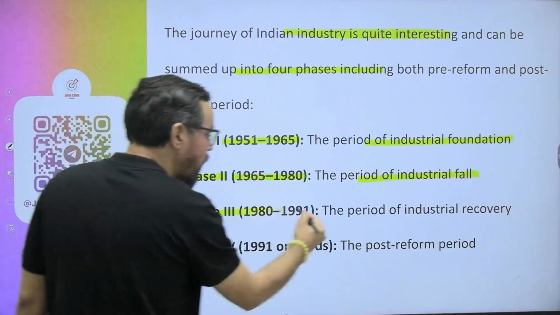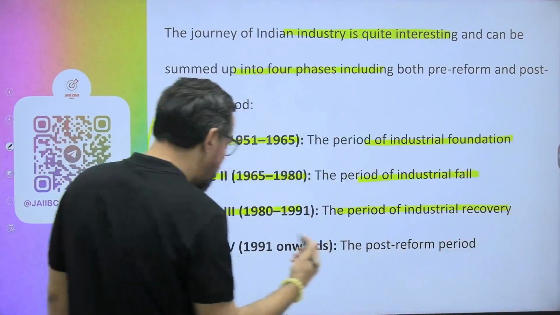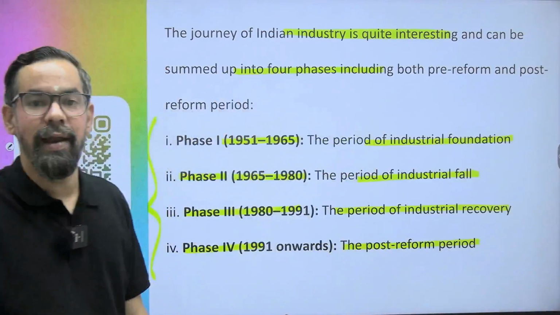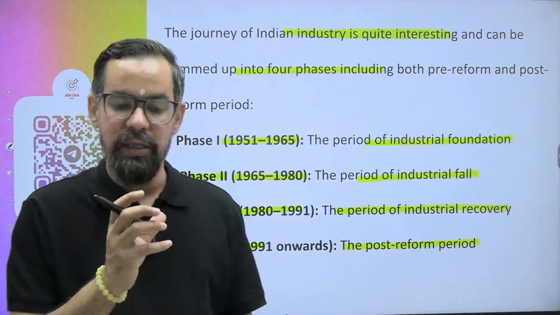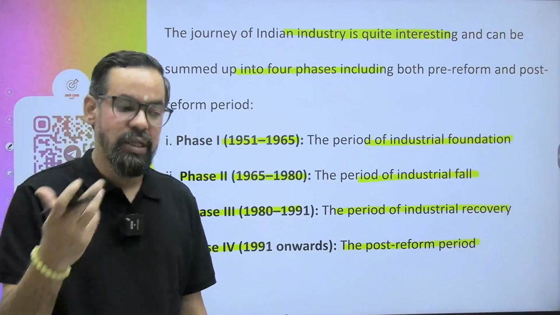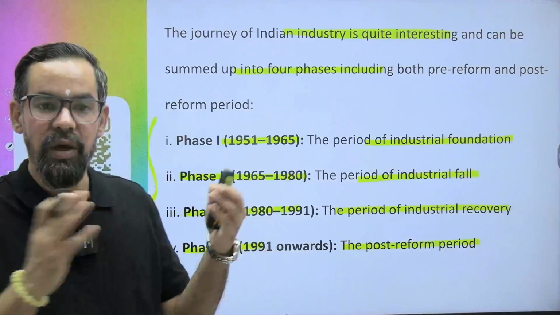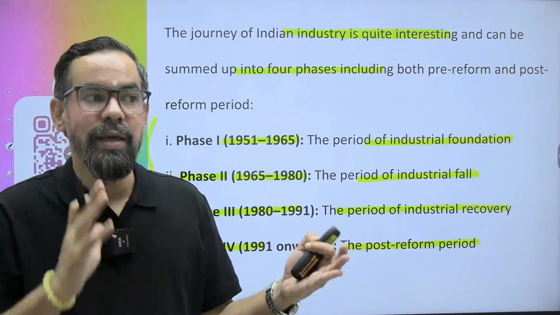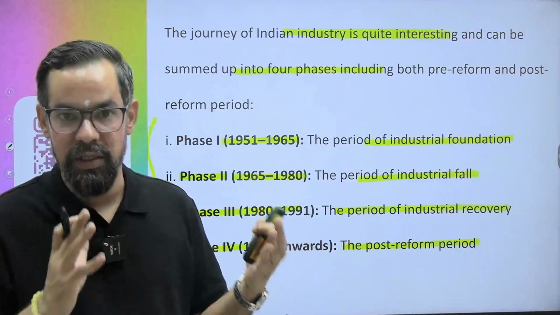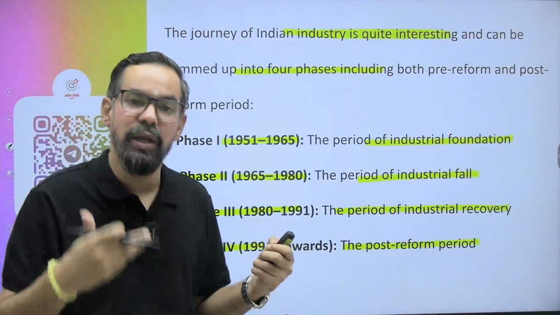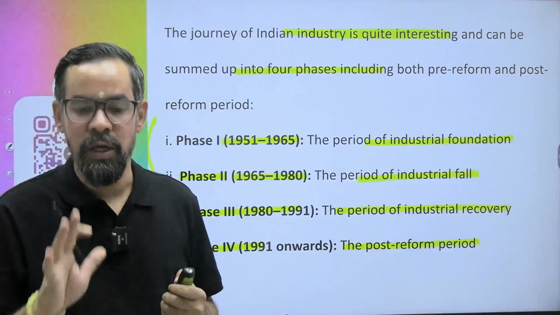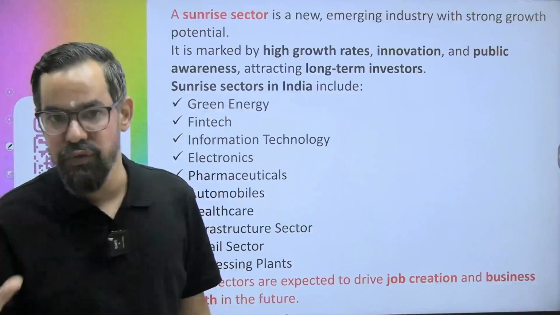Phase 3 is the period of industrial recovery, and phase 4 onwards is the post reform period. And nowadays in the secondary sector, governments are coming with so many schemes related to MSMEs, so we can have self dependency and self sufficiency, right? Make in India, Startup India, and so many initiatives around MSMEs which have generally been done by the government in the past few years, right?